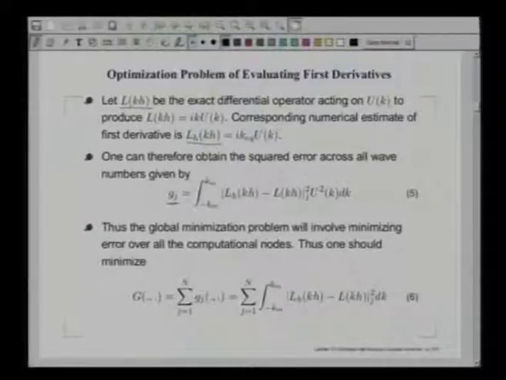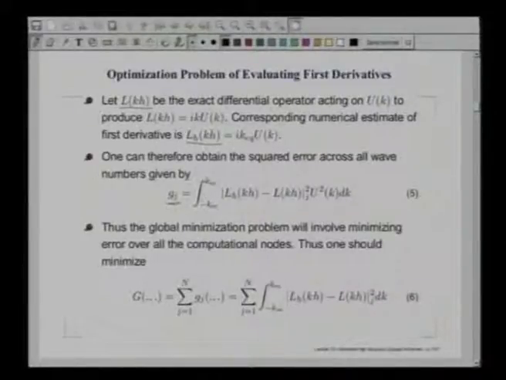Ideally we would like to take it from minus k m to plus k m, and that is something we do not always get. We like to get that, but we will not get it. So, we may actually take a fraction of k m. We will talk about it later.